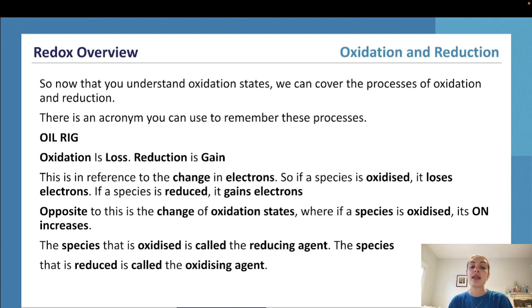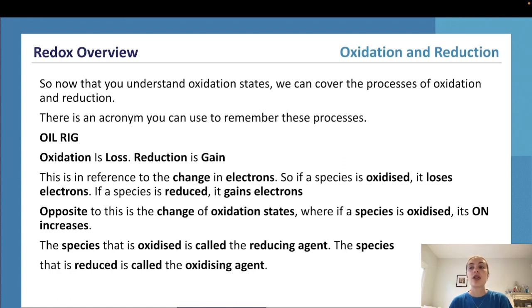And the species that is reduced, the one gaining electrons, is essentially taking electrons from the one which is being oxidized, hence causing it to be oxidized.